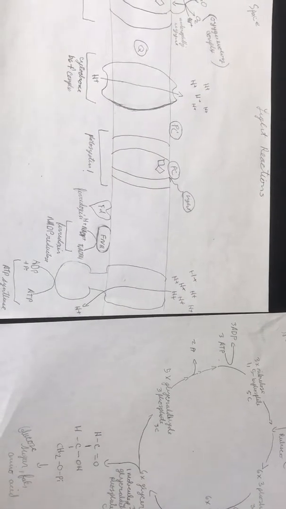And how it links to the Calvin cycle is that the ATP and NADPH produced by the light reactions are used by carbon fixation to convert CO2 to sugar, which is what occurs in the Calvin cycle, or carbon fixation cycle.